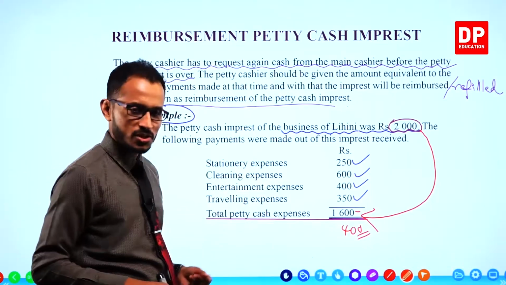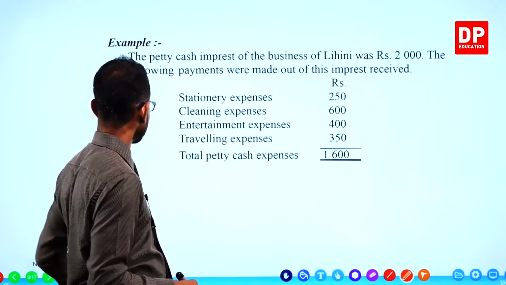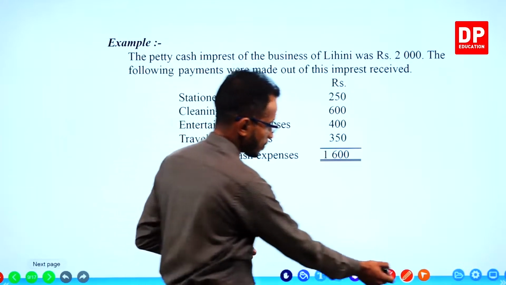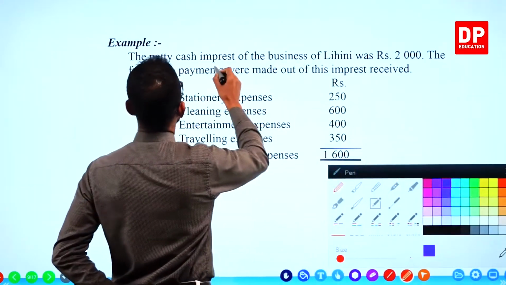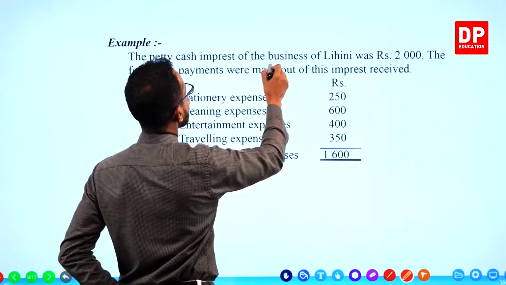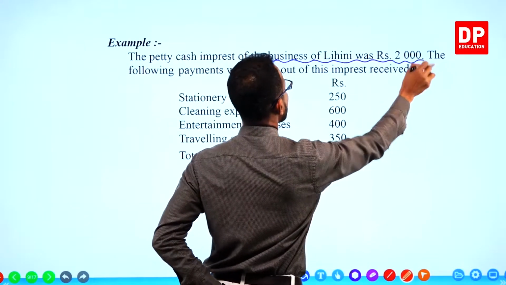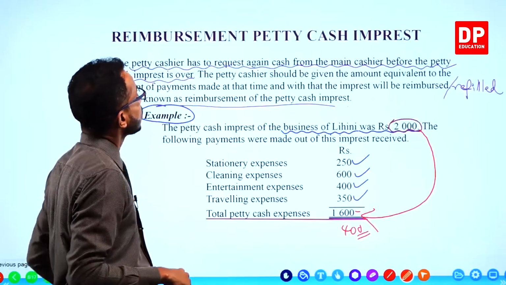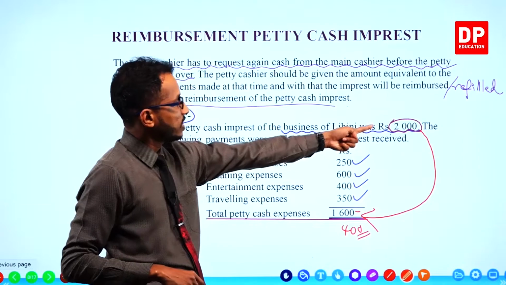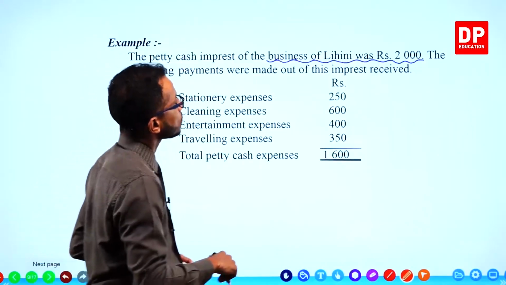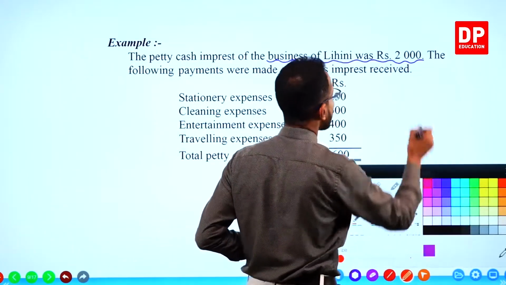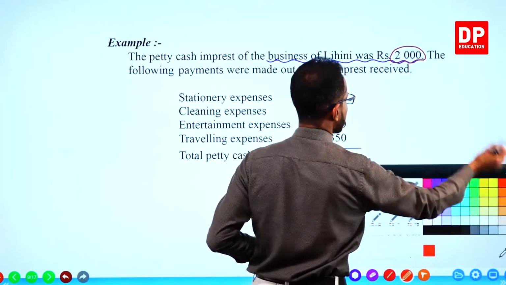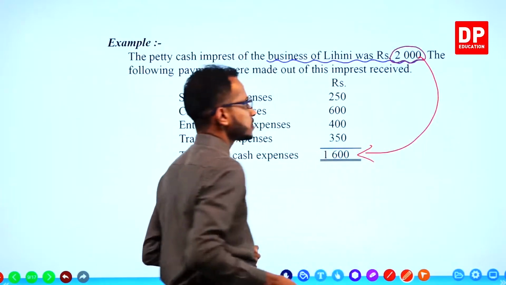That is the reimbursement, children. It is shown here. This is the same example which was in the previous slide, right? Business of Lihini, 2,000 is the impressed, and the spent amount is 1,600.